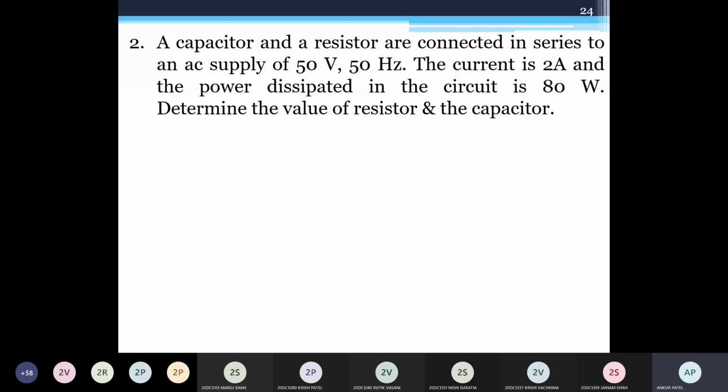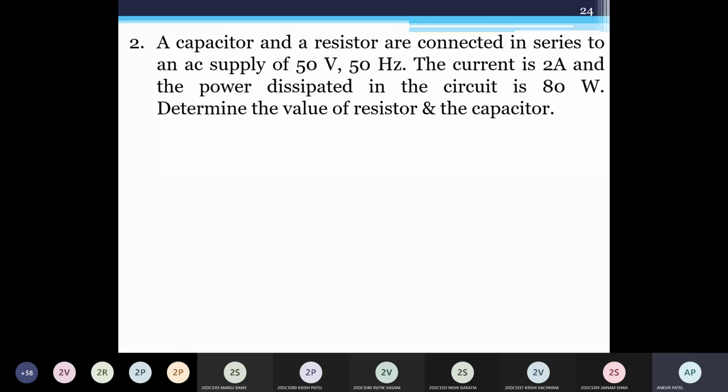Mute from your end. Current is given. Power is given, 80 watt.